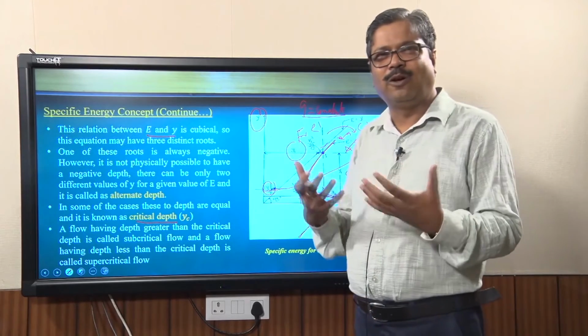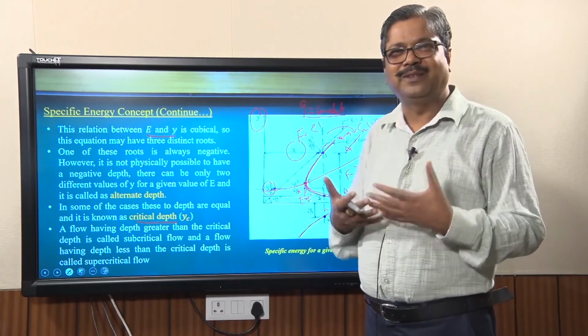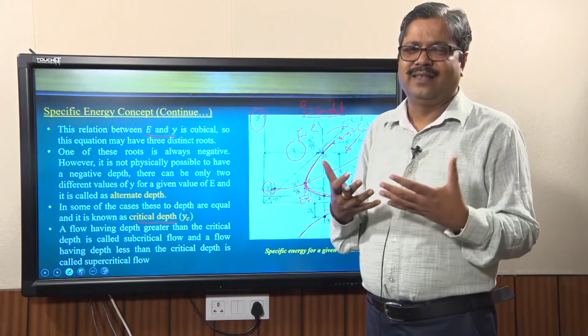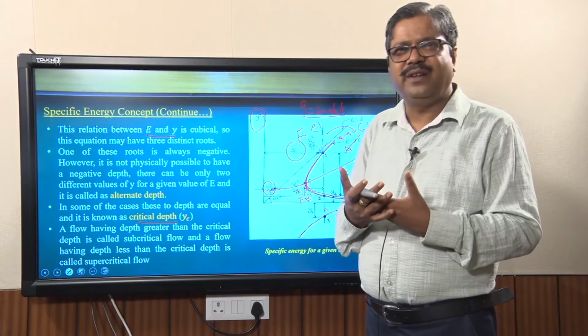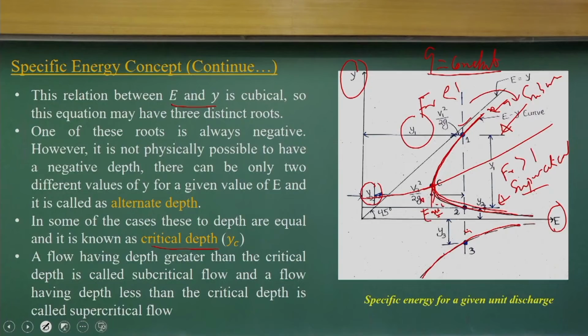You all know about the Froude number and by definition what is subcritical and supercritical, but try to understand that the flow has two energies, as we discussed earlier, with specific energy representing the two. One is the pressure energy per unit weight, another one is the kinetic energy per unit weight.